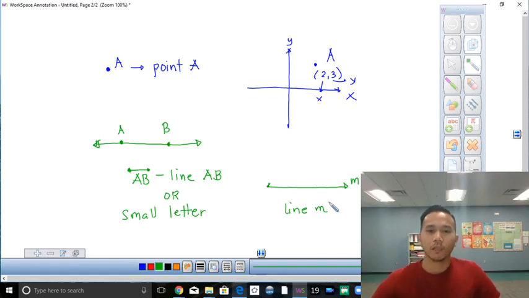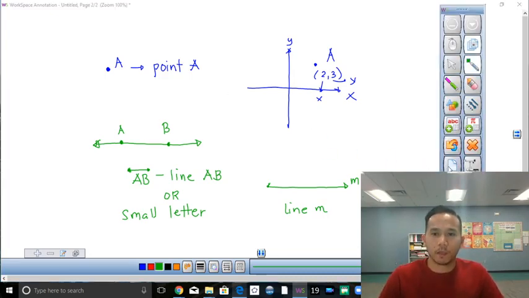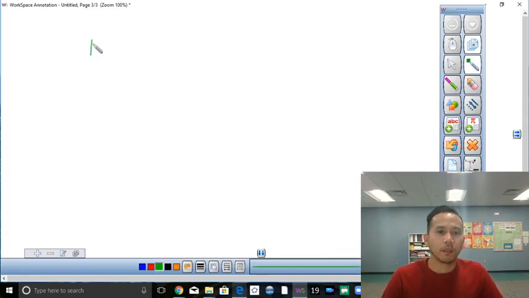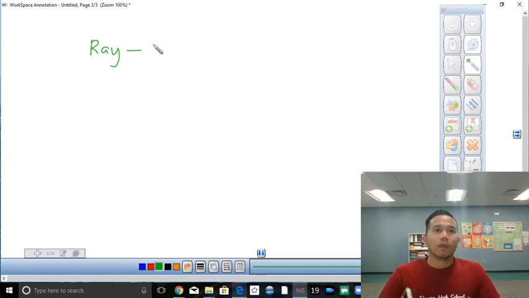Okay. Next is your ray. So what do we mean by ray? Your ray has an infinite set or collection of points that extends forever in one direction. It's only one direction, and it has a starting point.